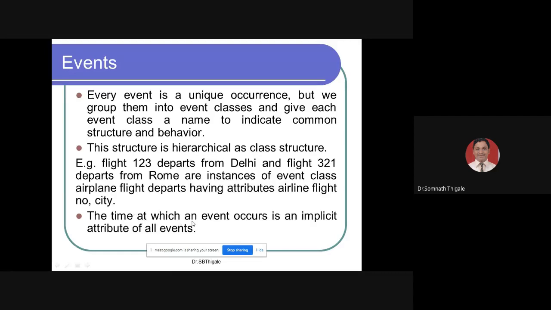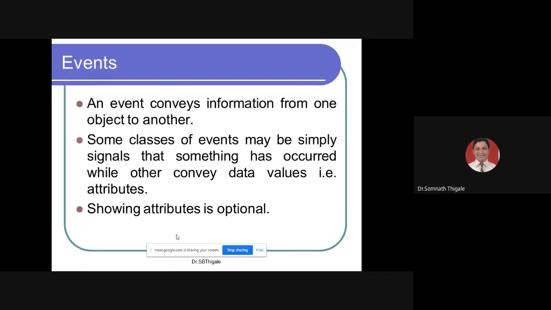The time at which an event occurs is an implicit attribute of all events. An event conveys information from one object to another object, or another classifier. Whenever an event happens, it causes movement from one state to another state. It should be considered unique with respect to that particular time, and it should be identified by its unique characteristics.